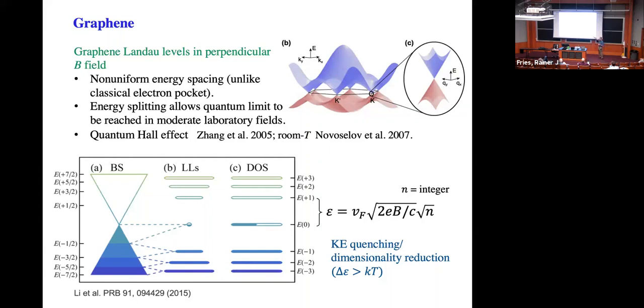What we've shown here is the set of Landau level energies for a Dirac cone system like graphene. In normal electron systems where the energetics is quadratic, the Landau levels are equally spaced. Here we've got non-equally spaced Landau levels, but also the splitting can be large in relatively small fields.